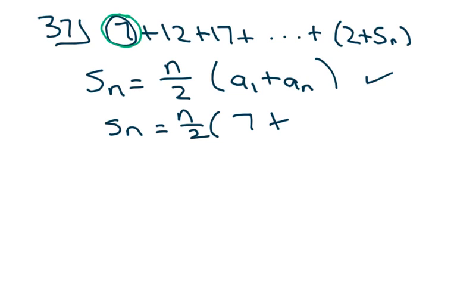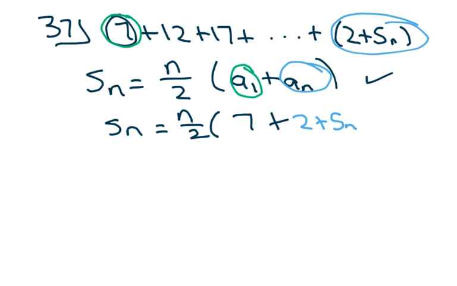So this is your first term, and this is your last term. I'll put that in, so that's 2 plus 5n, and then clean it up. Get n over 2 times 9 plus 5n. And that should be all you can do there. It's so easy. Okay, any more?